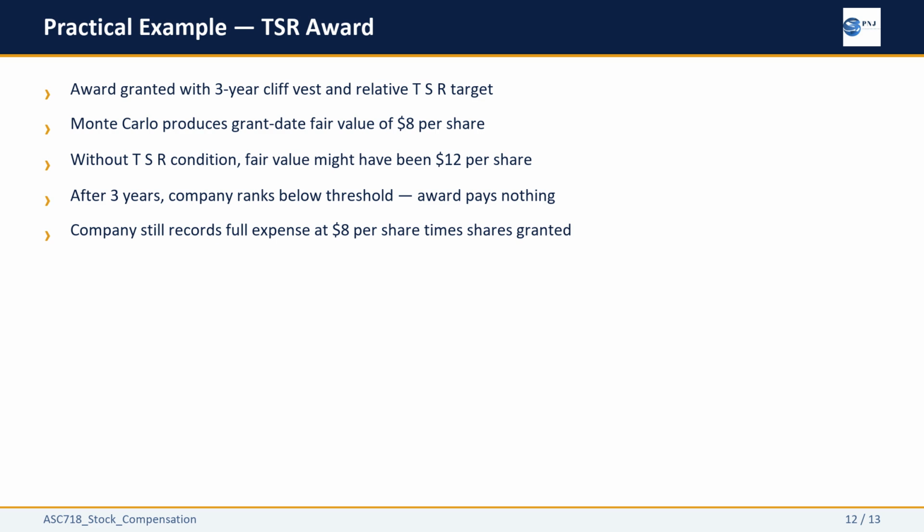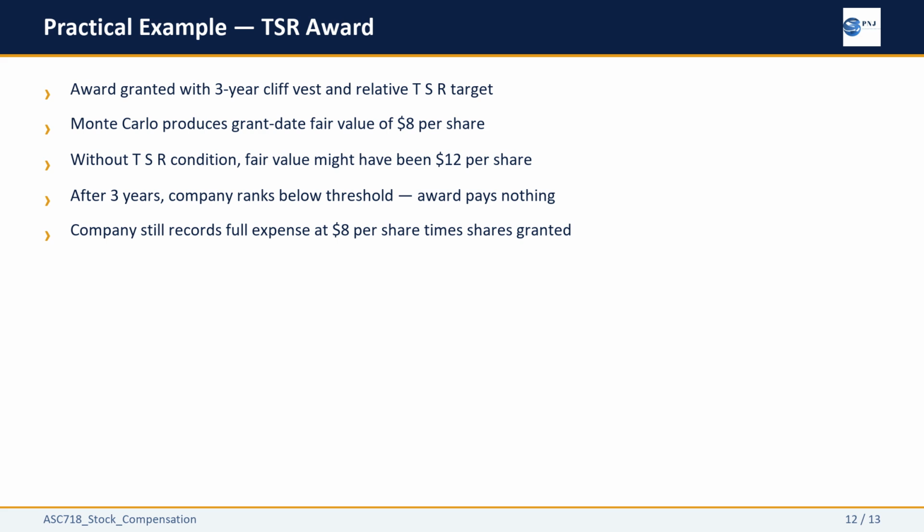Consider a practical example. A company grants a TSR award that vests after 3 years if the company's stock return ranks above a peer group median. A Monte Carlo simulation produces a grant date fair value of $8 per share, lower than it would have been without the condition, because the model priced in the chance the target would not be met. 3 years later, the company's stock underperforms and the award pays out nothing.